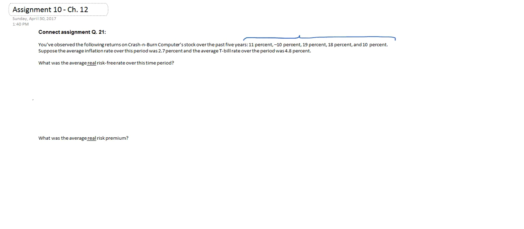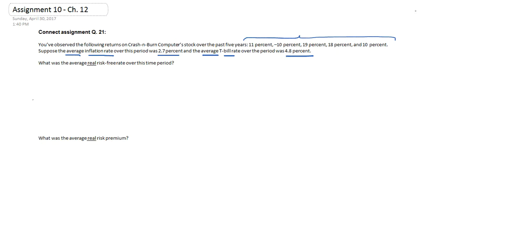These are all the returns for individual years, going back 5 years, for Cash and Burn company. And then we also have information about the average inflation rate over this 5 year period of 2.7%, and the average T-bill rate over this 5 year period of 4.8%.